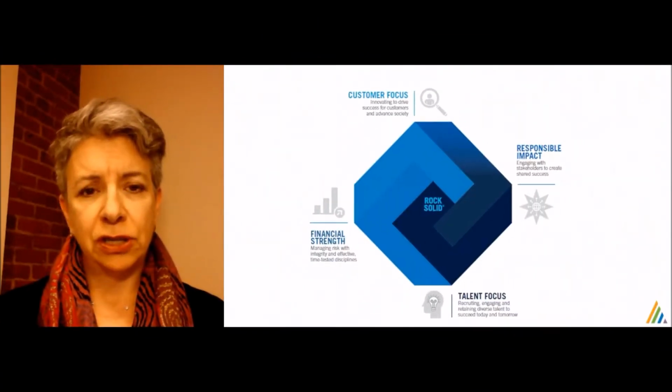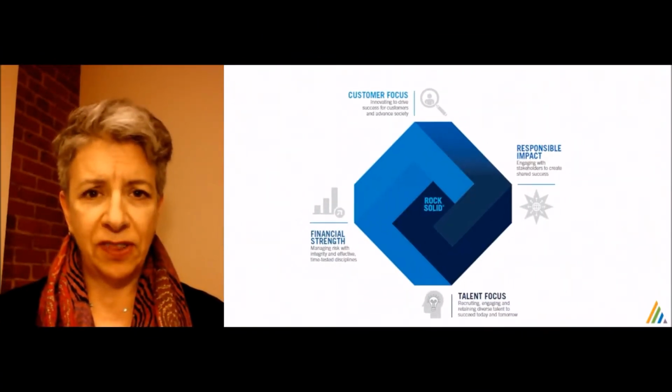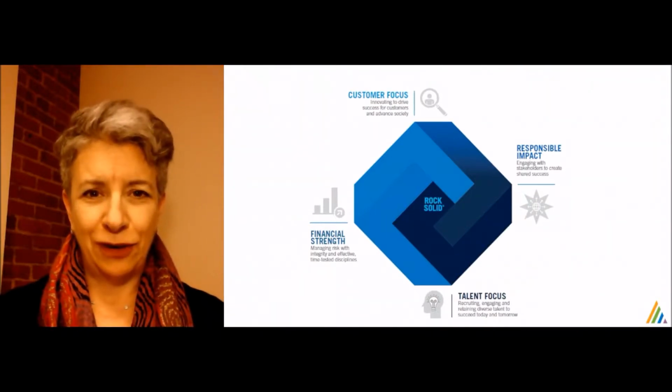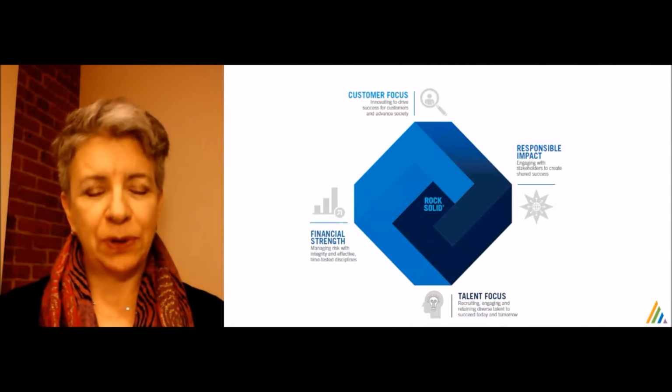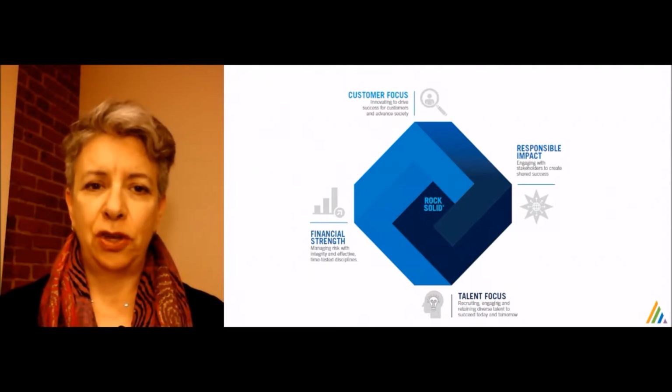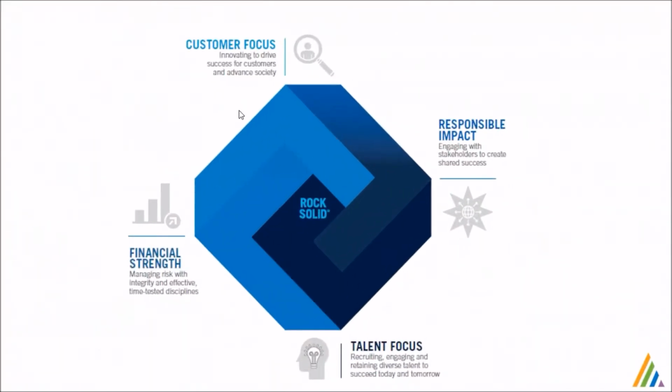So the first example is from Prudential Financial. This is a graphic that they used in one of their recent integrated reports. And as you're becoming familiar with the multi-capital model, you'll recognize that they're talking about relationship capital, financial capital, human capital, natural and social capital.